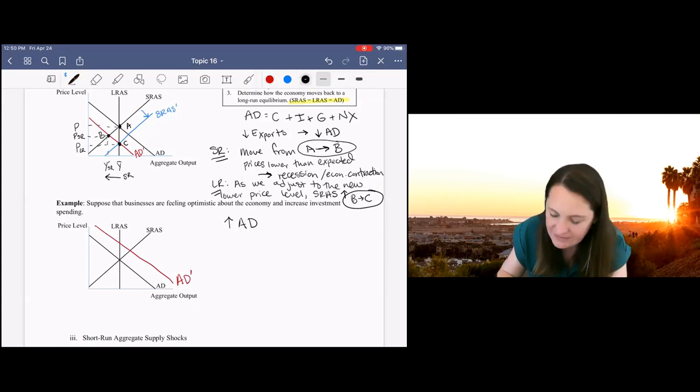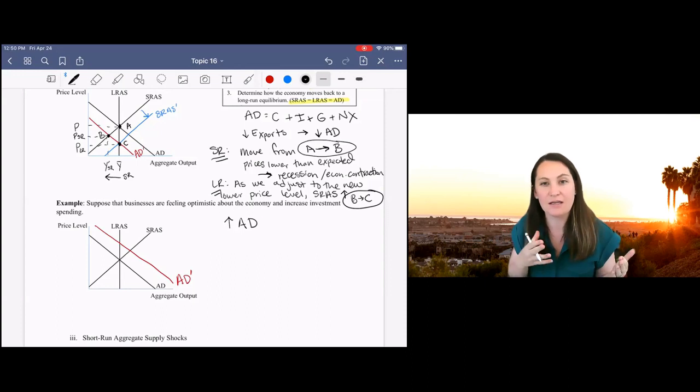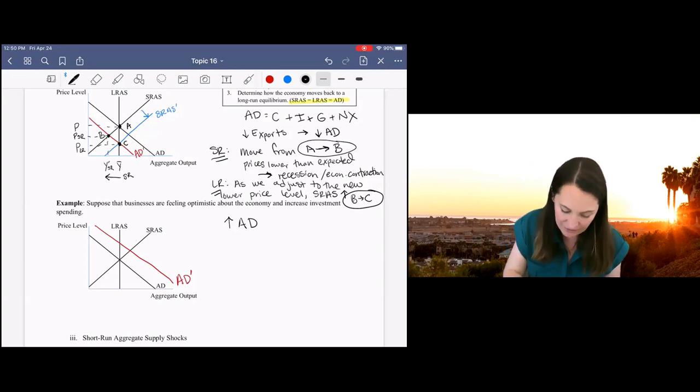And now we want to say what's going to happen as a result of this aggregate demand shock in the short run, and then how do we return to a long run equilibrium? So in the short run, right, this is our initial equilibrium point, A. In the short run, we're going to see an increase in output.